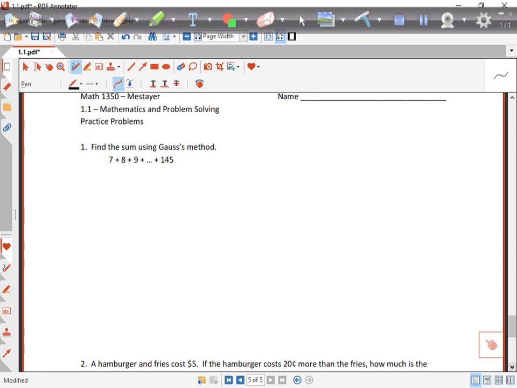Okay, so there are two problems on this worksheet. The first one is find the sum using Gauss's method. First I'm going to rewrite this first sum just to get more room here. Okay, so Gauss's method, then we reverse the order.